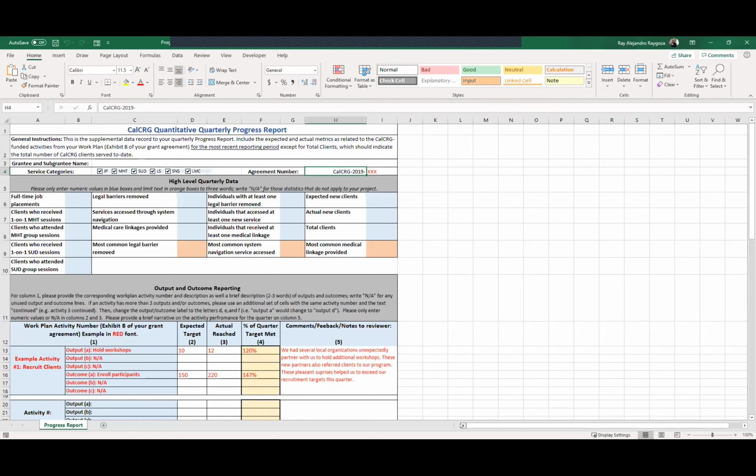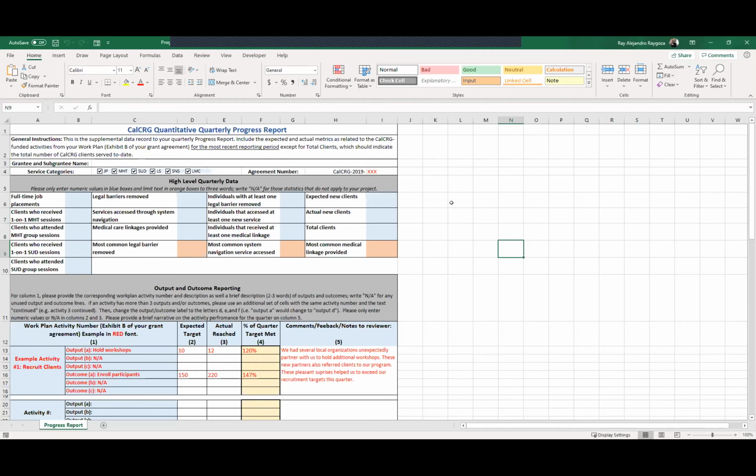And here's where you'll see most of the changes, right? So this table right here was not part of the previous version. And here are some of the things that were part of the narrative report, but now they're here. But I'm going to go through them one part at a time, so you know how best to fill it out.